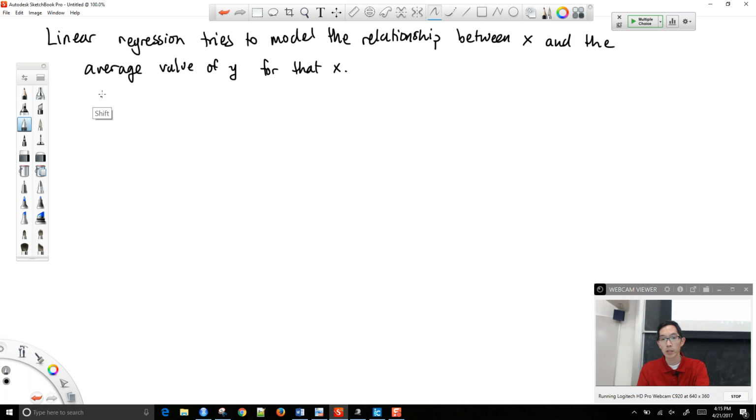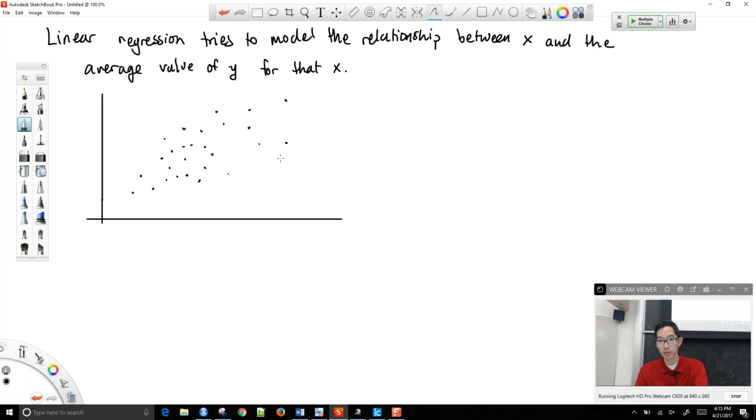Okay, so you can imagine, let's draw a scatter plot here. We've got a decent amount of scatter here, and what we want to do is create a relationship between x and y.